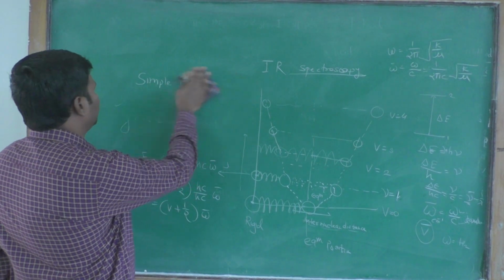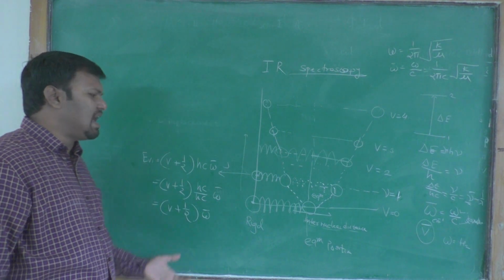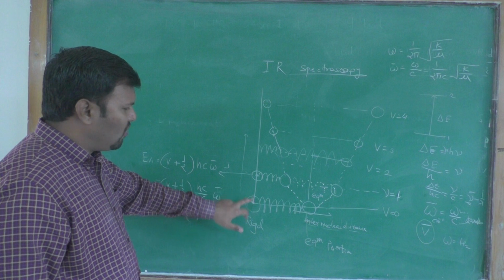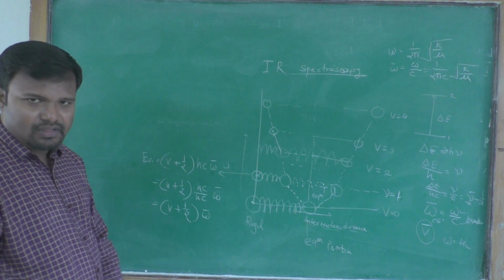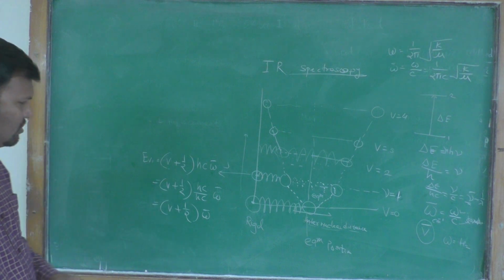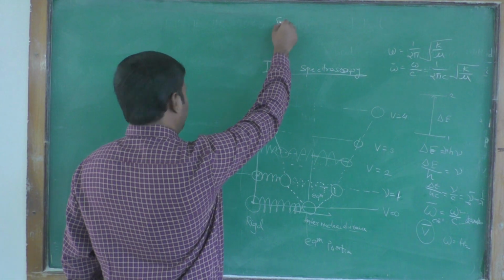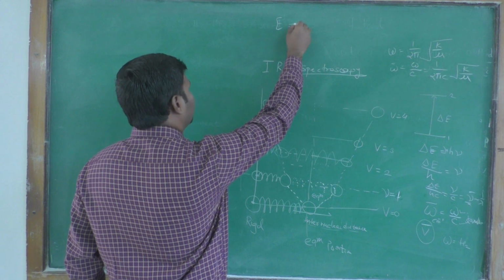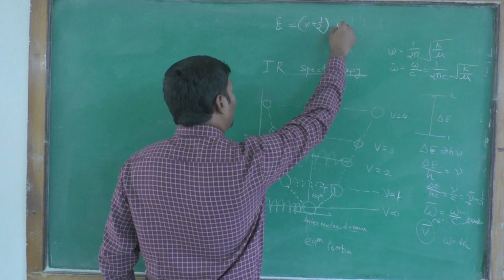Let's find the energy of each level by putting in the values of V, starting with 0. This is our useful equation: V plus 1/2 omega bar.